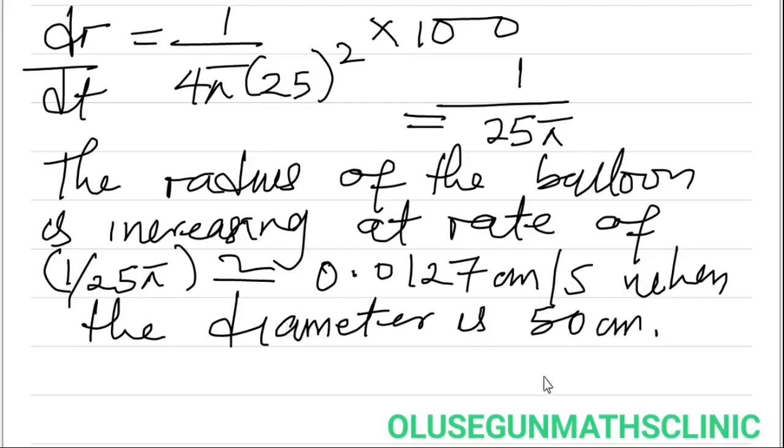That is all. So it means the radius of the balloon is increasing at a rate of 0.0127 centimeter per second when the diameter is 50 centimeter.